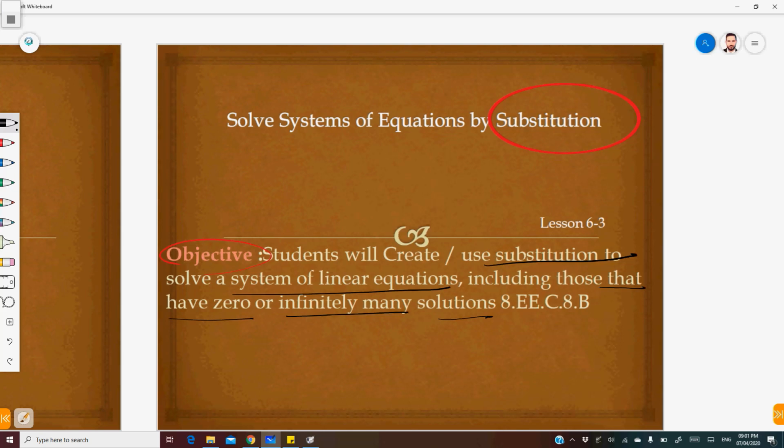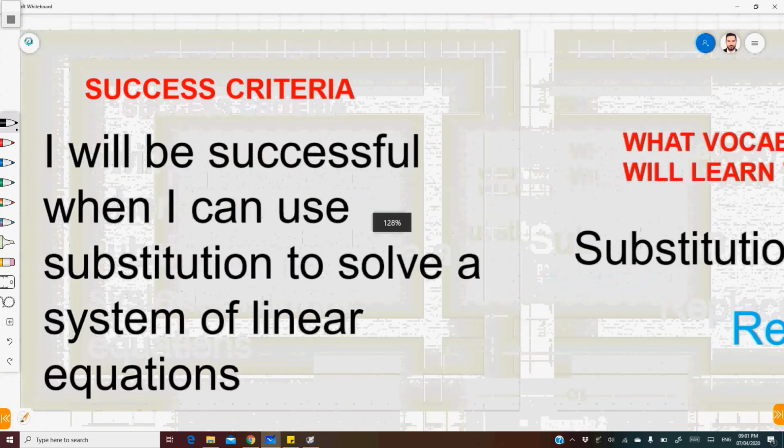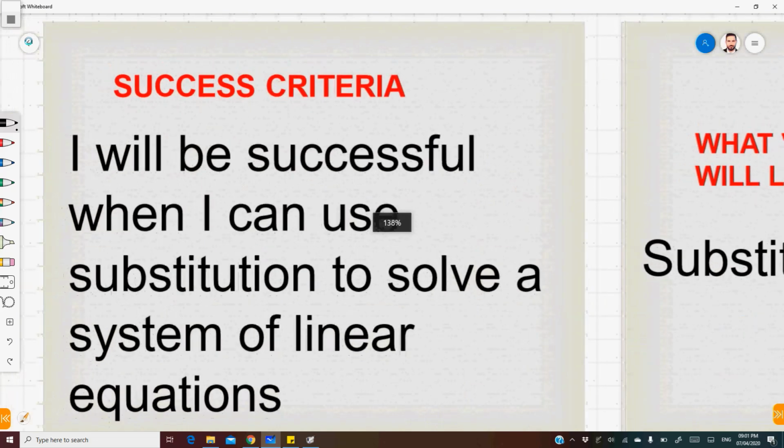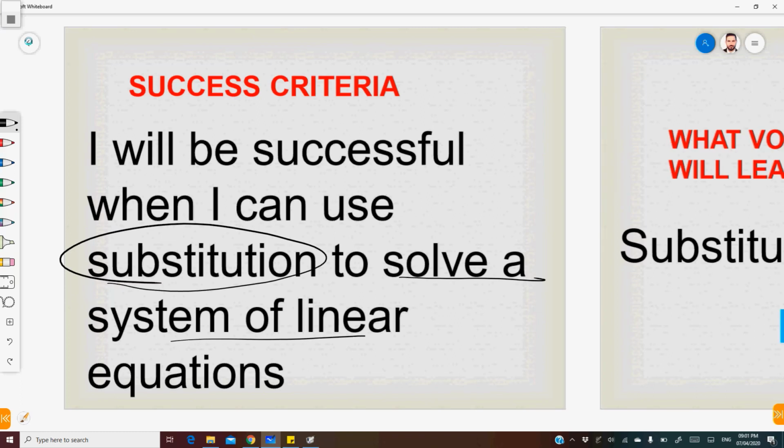I will tell you more about it after we get our success criteria. Our success criteria today is that you can use substitution to solve a system of linear equations.